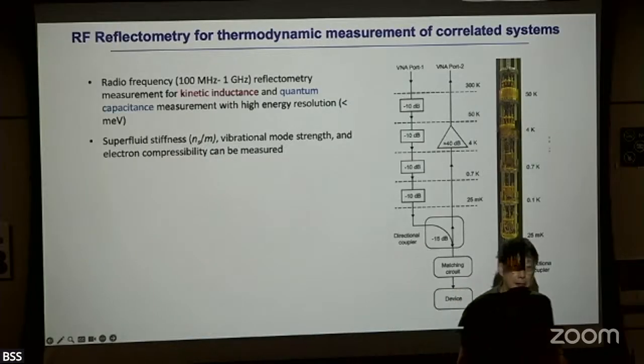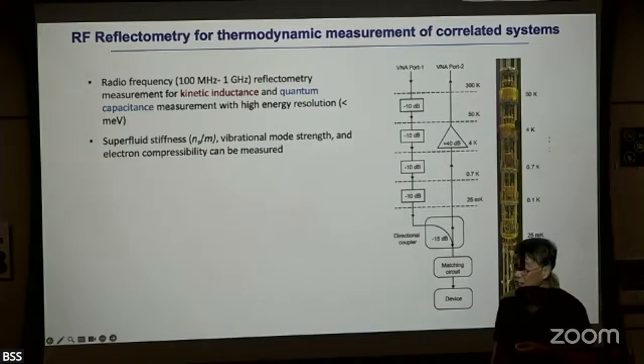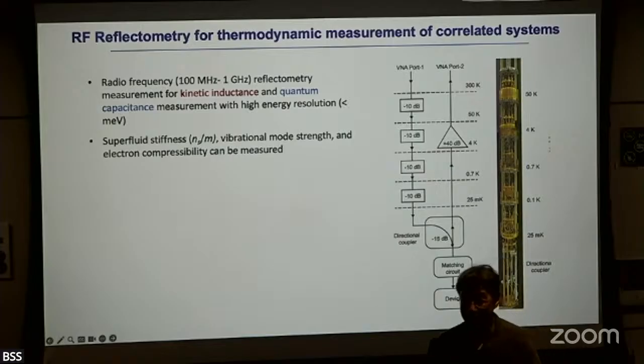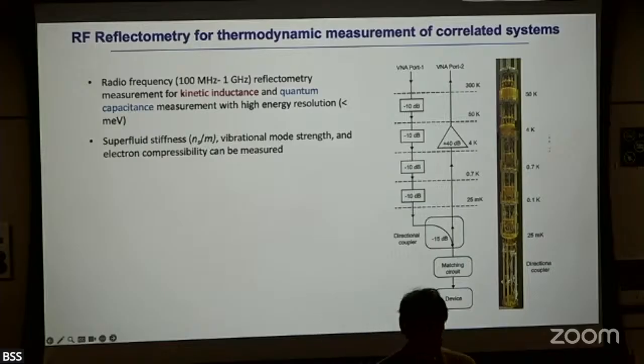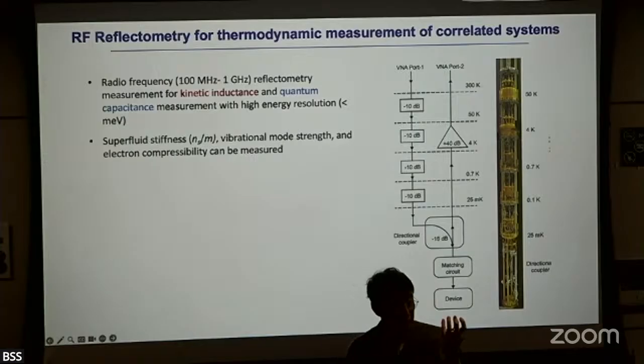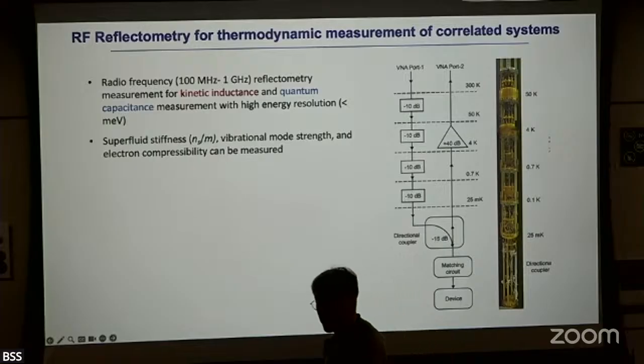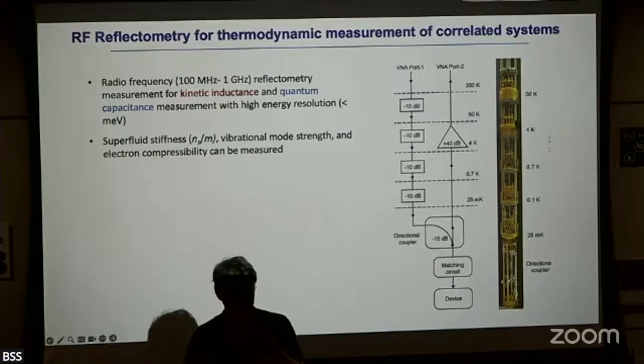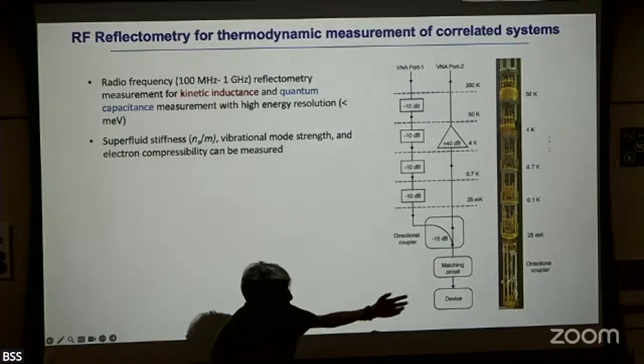Now, the actual experiment is still not too easy, partly because AC transport is not an easy thing to do. The measurement we need is in the range of several hundred megahertz, even gigahertz. The sample size is small, so the kinetic inductance is a very small inductance, and to compensate the small L I have to go to a higher omega.